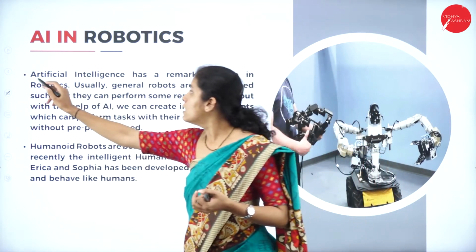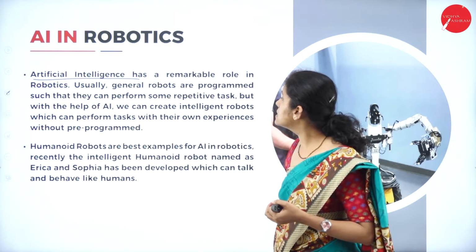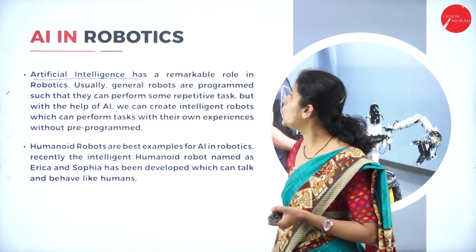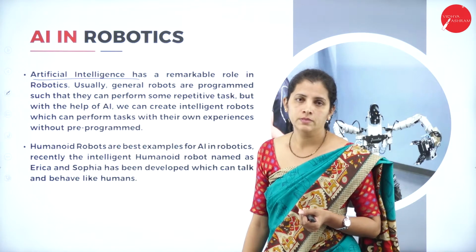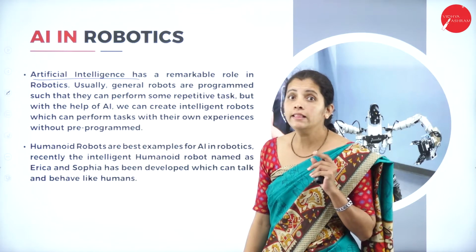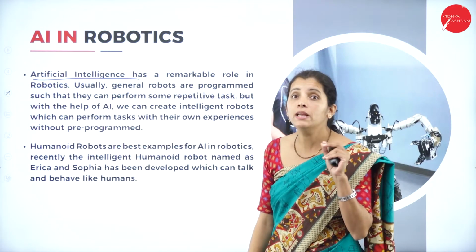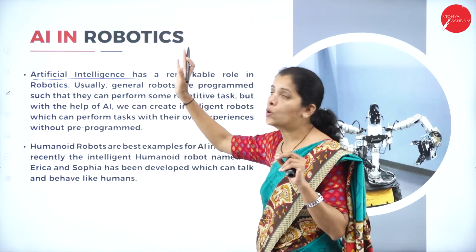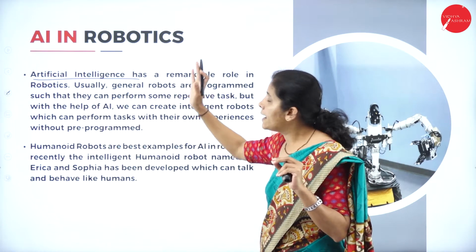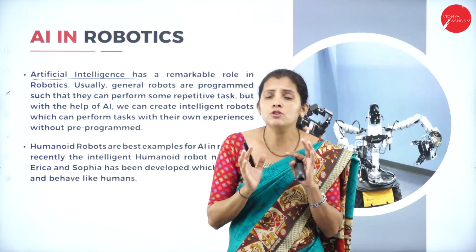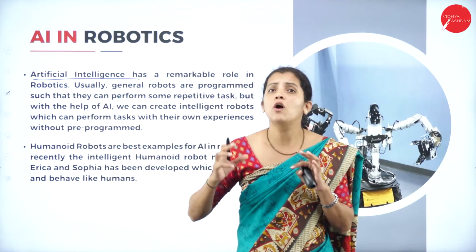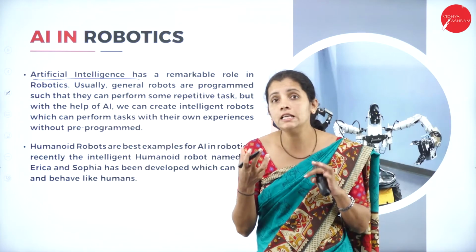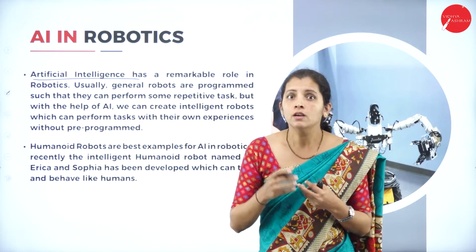So artificial intelligence has a remarkable role in robotics. And if I consider the Endhiran movie, that is the Tamil movie, in that we came to know about robots. Okay. And this robot is responsible for performing all kinds of activities like a human being.